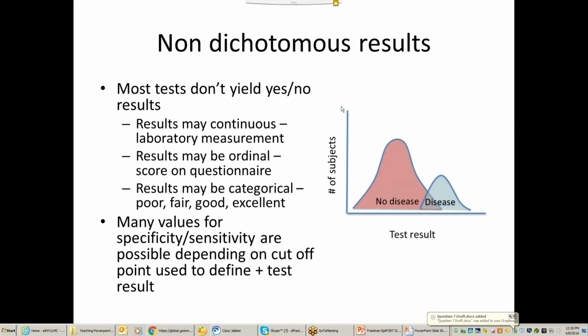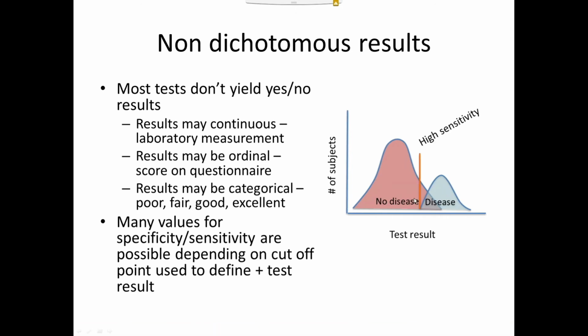So, for instance, in this example here, the x-axis is a hypothetical result on a linear scale. Let's say it's a blood test result. Everybody who doesn't have the disease had a result within this range, and people who had the disease had a result within this range. To define a positive test result, you need to set a cut point, and you could have different cut points depending on your needs.